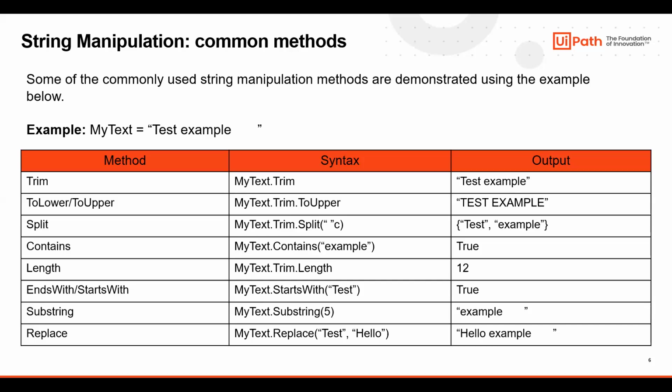Contains just means that text contains whatever string you're looking for, and it'll return a true or false. Length chops it off at a certain length. In this case, you want to trim to 12 characters, where you take the 12 characters. The first ends with and starts with, I won't go through all of these, but you get the idea. And then substring takes a portion of the string, and there's a few different variations of that.